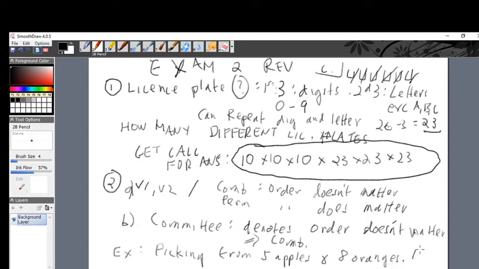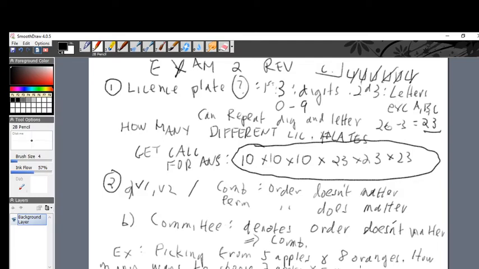The question is, how many ways can you choose 2 apples and 5 oranges? It's a combination, because we don't care about the order of the apples coming out of the box or the crate that you're taking them from.